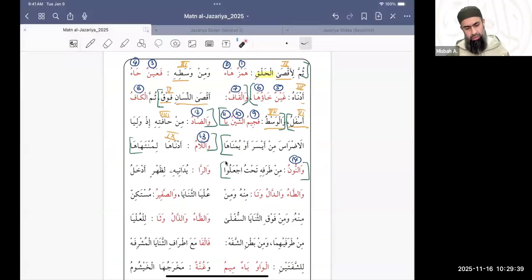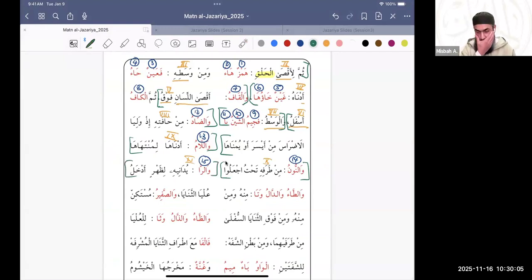The makhraj of ar-ra. We're now at the makhraj of ra. We'll write it next to it because it's not clearly in the text, it's not clearly defining it as such, but we know what it's saying.